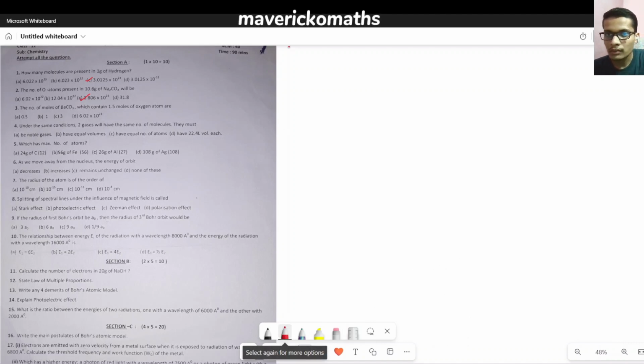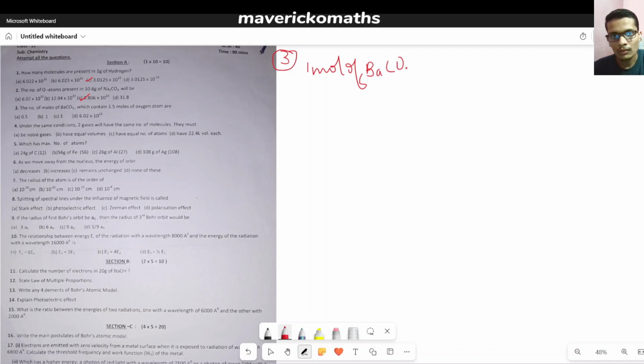Now here comes the third question. The number of moles of BaCO3 which contain 1.5 moles of oxygen atoms are. See, 1 mole of BaCO3 contains 3 moles of oxygen atoms.